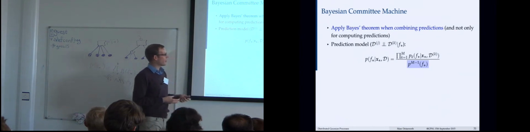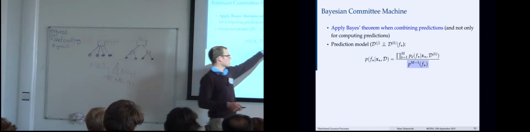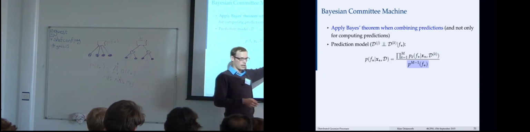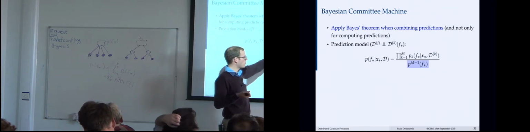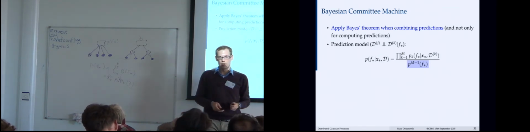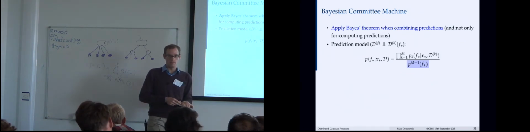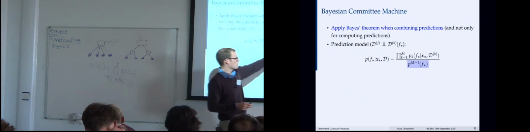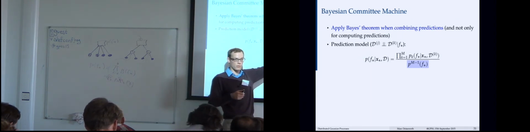And if you do this, it turns out that your predictive distribution looks like this. It just multiplies all of these predictions together again, and then divides m-1 times by the GP prior. So this one is the GP prior, and these ones are the posterior predictive distributions of all these experts.